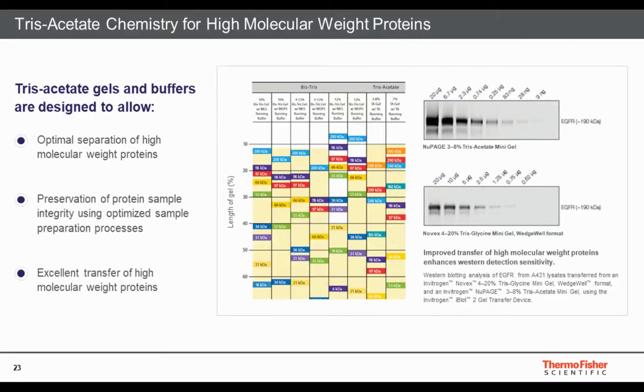The image on the right shows detection of EGFR receptor at reducing lysate concentrations from left to right. The NuPAGE Tris-Acetate gel on the top shows significantly better transfer efficiency and sensitivity of detection compared to Tris-Glycine gel at the bottom, which is not an optimal chemistry to detect high molecular weight proteins.